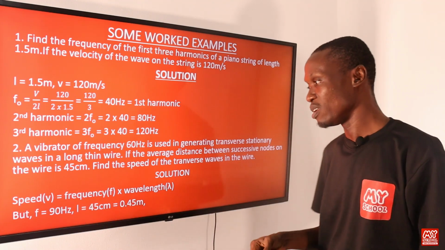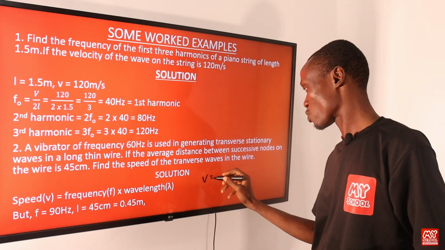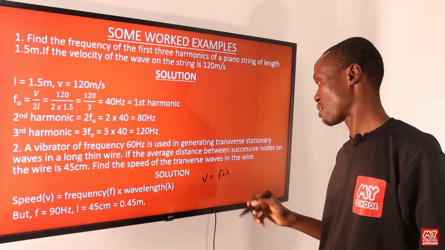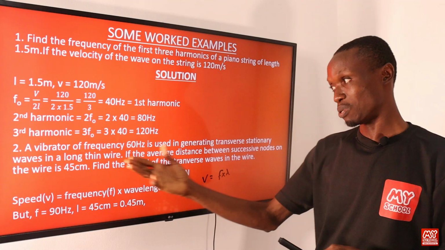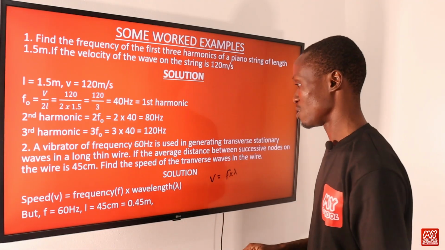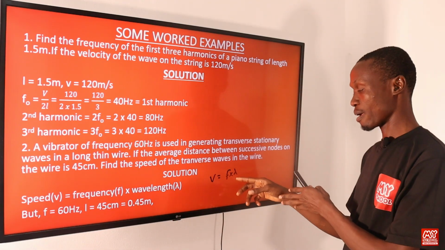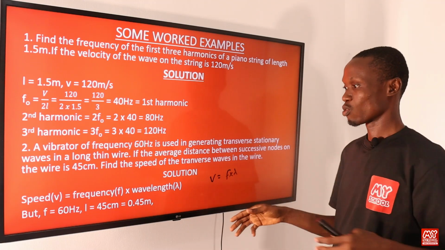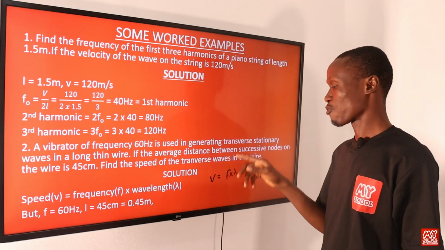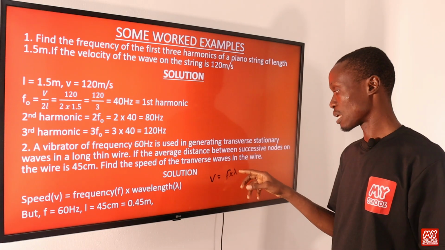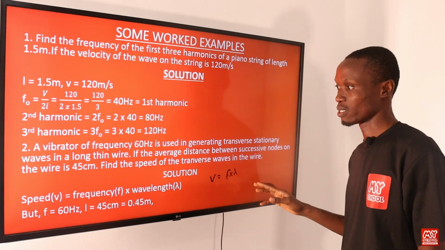So remember that v = f times lambda, where v stands for speed, f for frequency, and lambda represents wavelength. Speed is equal to frequency times wavelength.